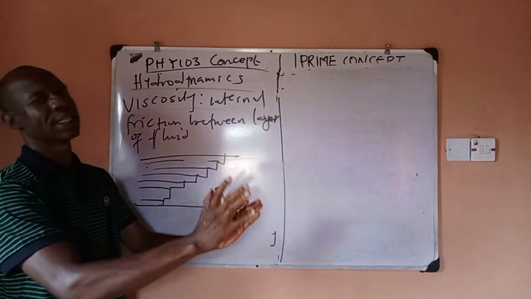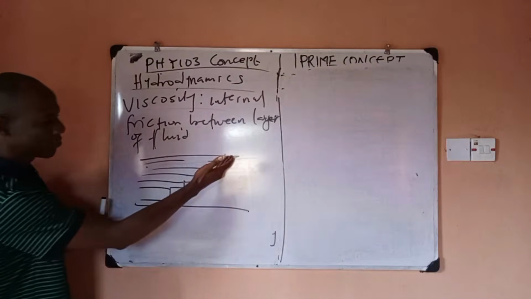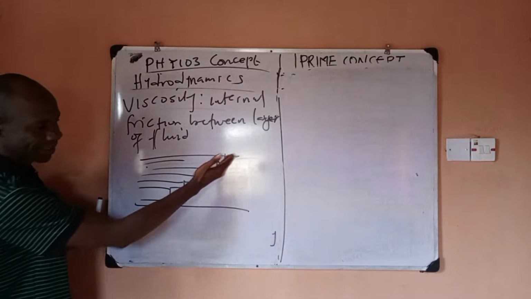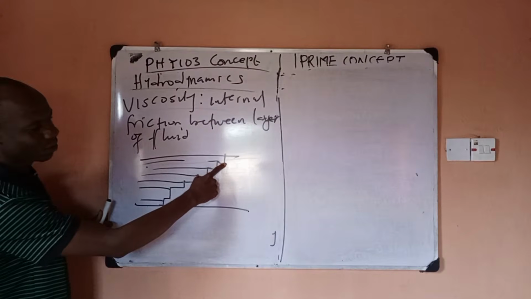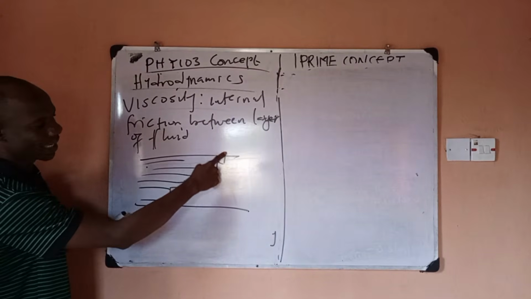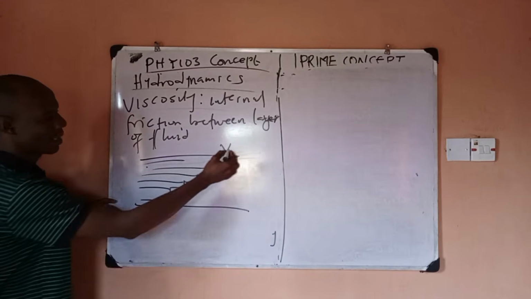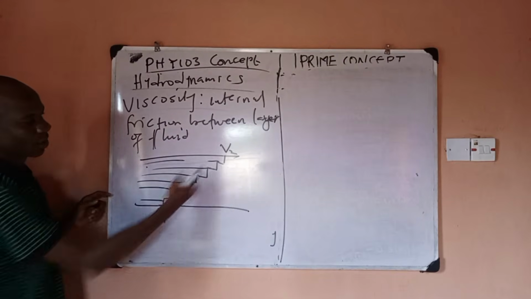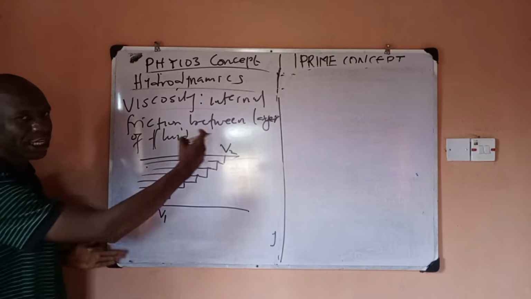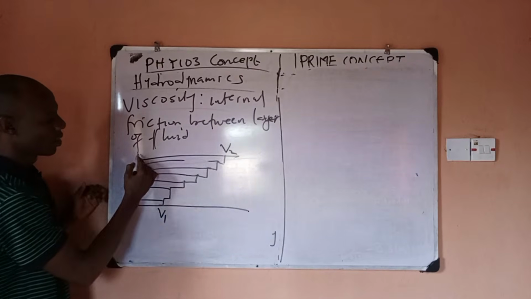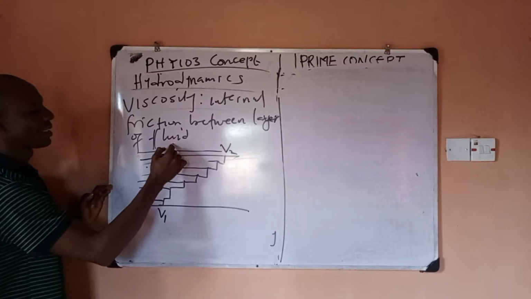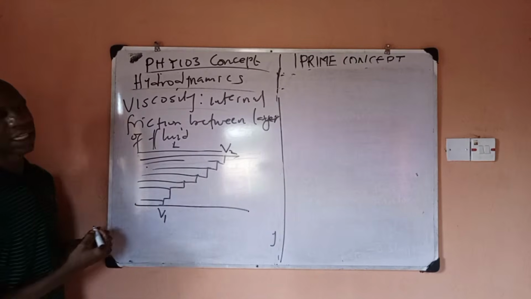It doesn't flow together, right? So it will now form a gradient. You will notice that there will be a velocity gradient, because at this point you have a velocity, at this point you have another velocity, right? So there will be a gradient, a change in velocity, of course, with respect to a certain length of that pipe.